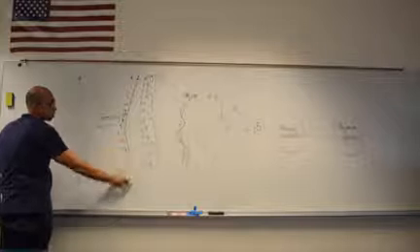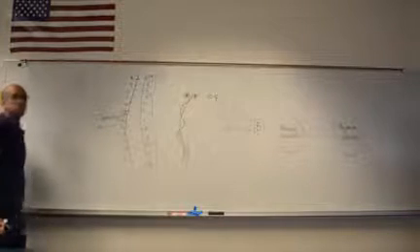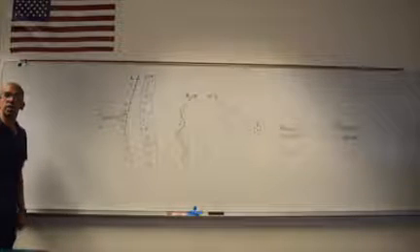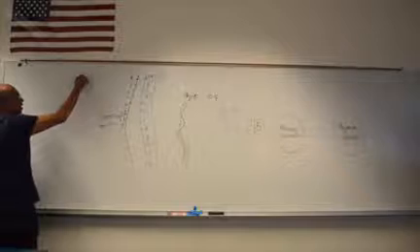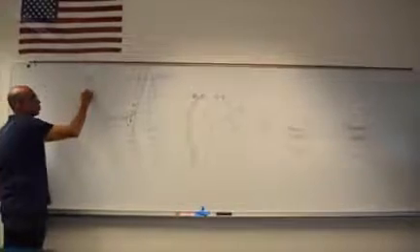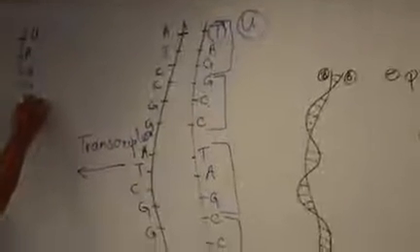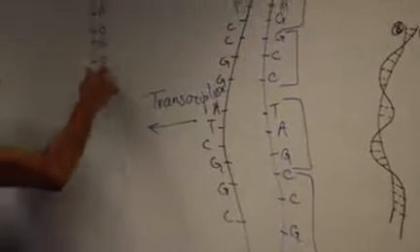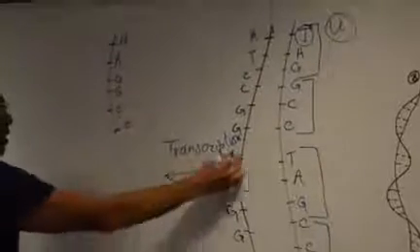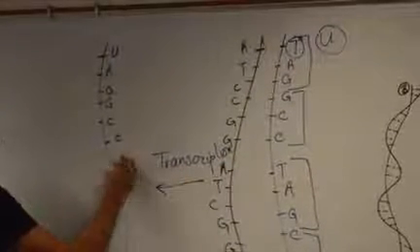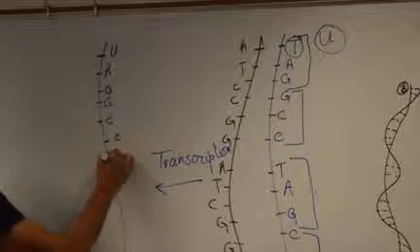So if I'm getting the codes, I will use this strand as a template for the formation of a messenger RNA. A will be paired with U, T will be paired with A, G, next will be C, then... Do you have T on the RNA?